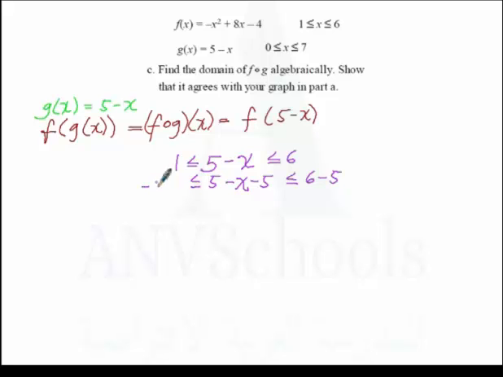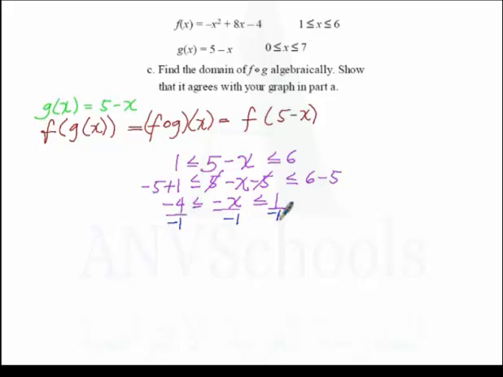So 1 minus 5 is less than or equal to 5 minus x minus 5, which is less than or equal to 6 minus 5. We are now canceling 5 in the middle. So we've got negative 4, negative x, and 1. If we've got a negative on our middle part, we need to get rid of it also. So we divide by negative 1 on all parts.